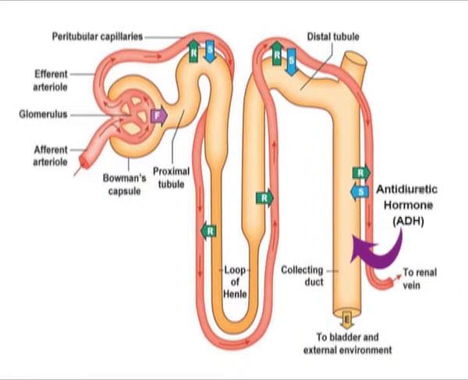It regulates the composition of urine by reabsorbing water, ions and nutrients from the filtrate. This prevents the loss of useful materials and regulates the composition of blood and body fluids. Though the collecting duct is normally impermeable to water, it becomes permeable in the presence of antidiuretic hormone or ADH.